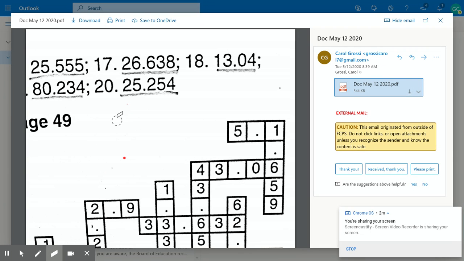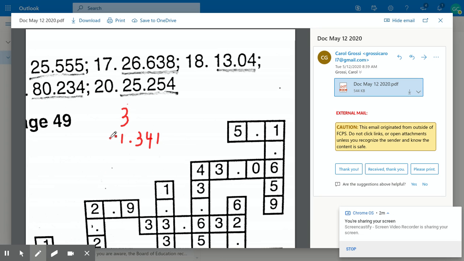You had 3 minus 1.341, or 1 and 341 thousandths. So you had to subtract this.